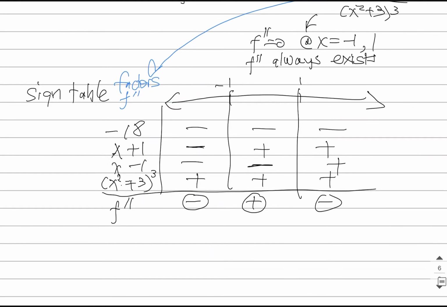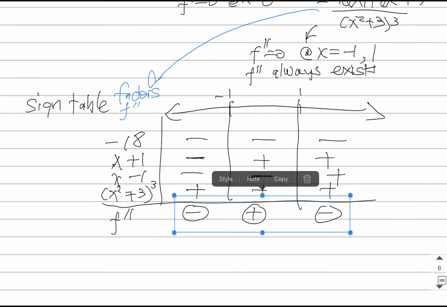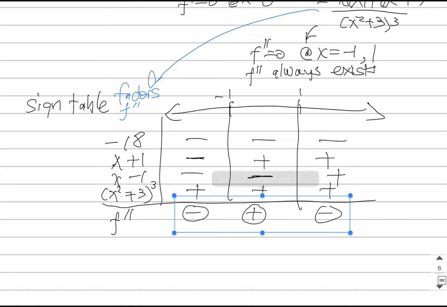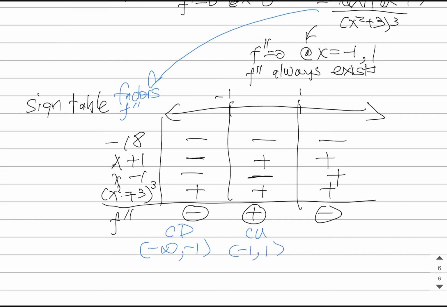So what does this tell me? This means that the function here is concave down from negative infinity to negative 1, round brackets. Concave up from negative 1 to positive 1, round brackets. And concave down from 1 to infinity.